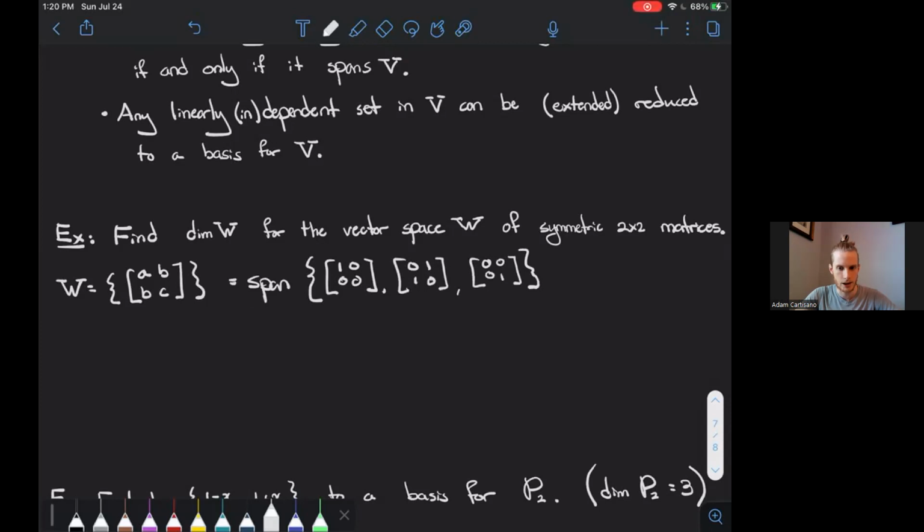The question is, is this set linearly independent? What do you think about that? So how do we prove it?